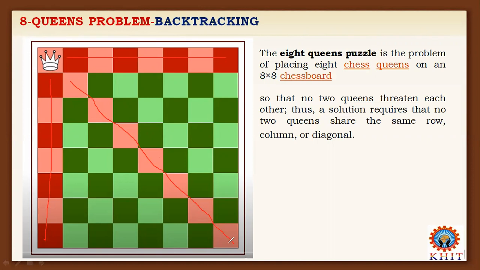The green squares indicate safe mode, meaning you can place your next queen safely. When you place the queen in the red highlighted places, that means dangerous mode, which is not suggestible. You can place the queen only in the green highlighted squares.